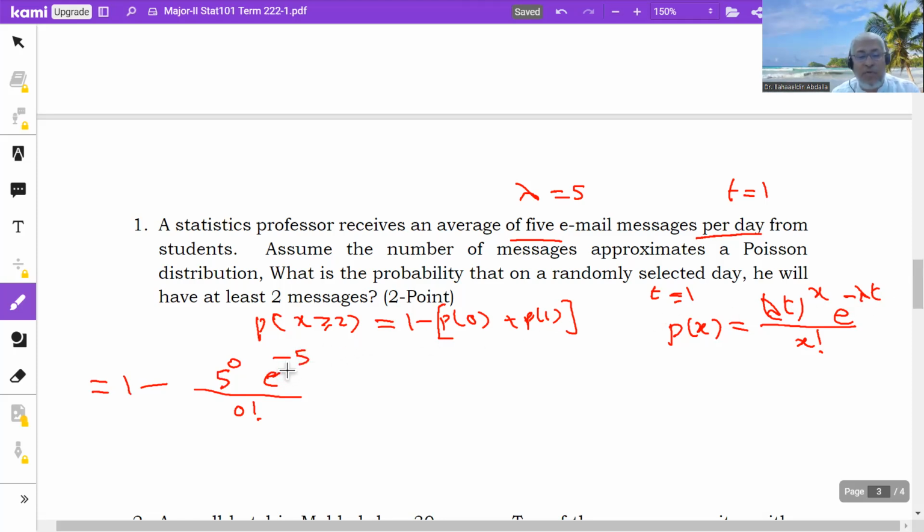This is probability of 0, plus probability of 1, so 1 factorial here, and lambda t, 5 to the power 1 and e to the power negative 5. Please check using the calculator that the answer would be 0.9596.